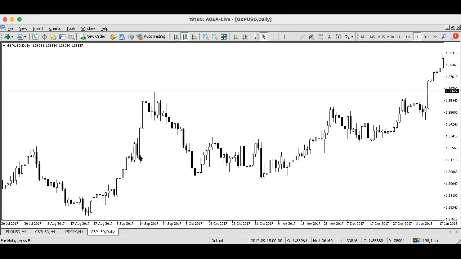You can see that we had an engulfing pattern here. The market was playing around it. It's also around here.